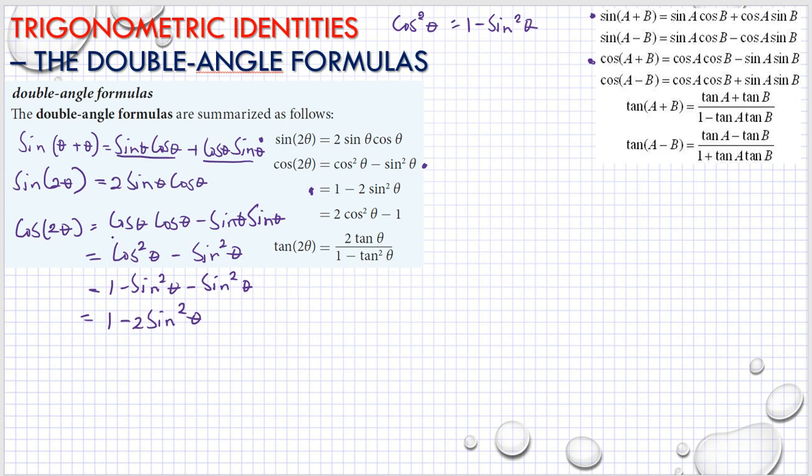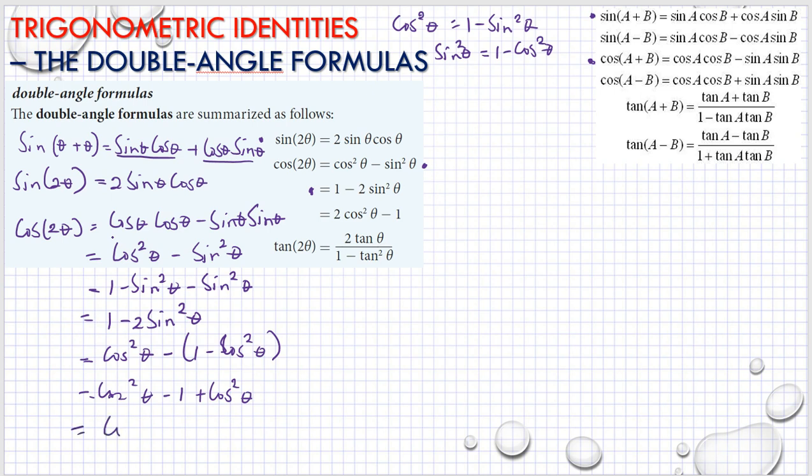How about if we say that sine squared theta is equal to 1 minus cosine squared theta? Then we have cosine squared theta minus the quantity 1 minus cosine squared theta. Then we have cosine squared theta minus 1 plus cosine squared theta.